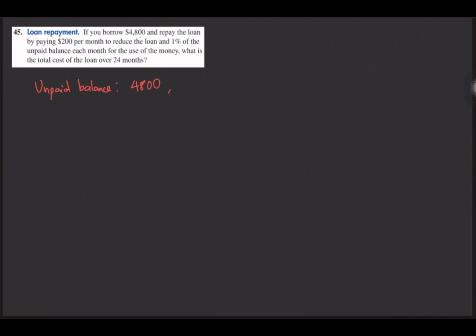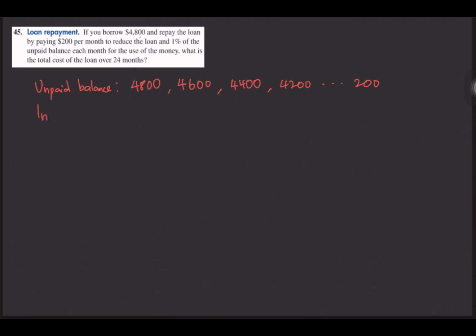Then after that we pay 200 per month, then we get 4,600. Then 4,400. Then 4,200. And so on until we reach a balance of 200. Of course, we will reach 0, but let us keep it this way, because for 0, we don't need to pay any interest on that.